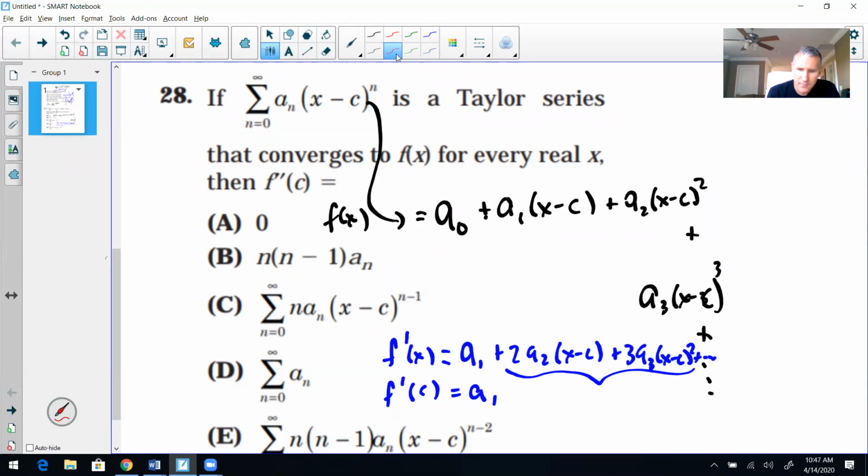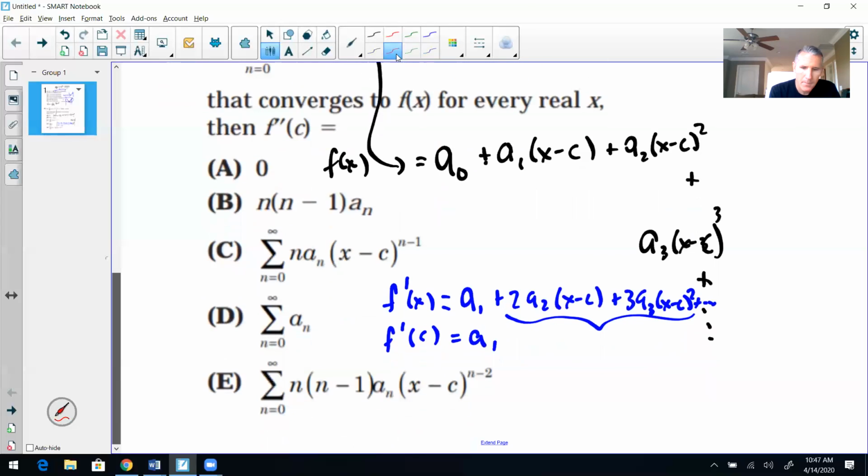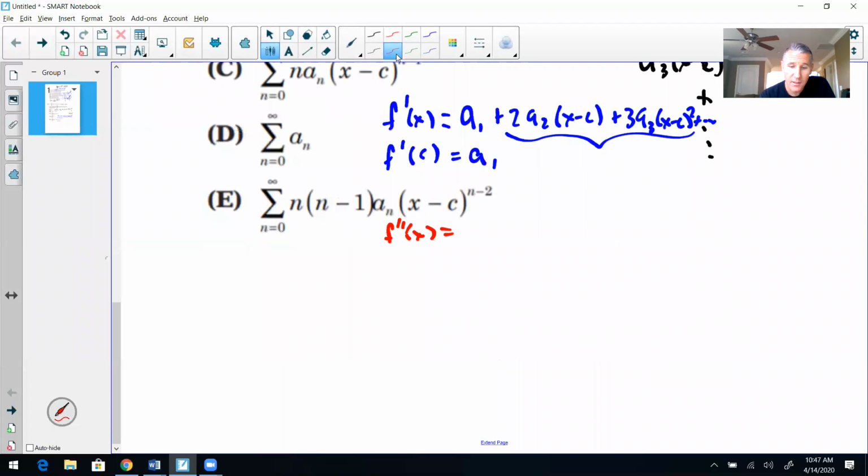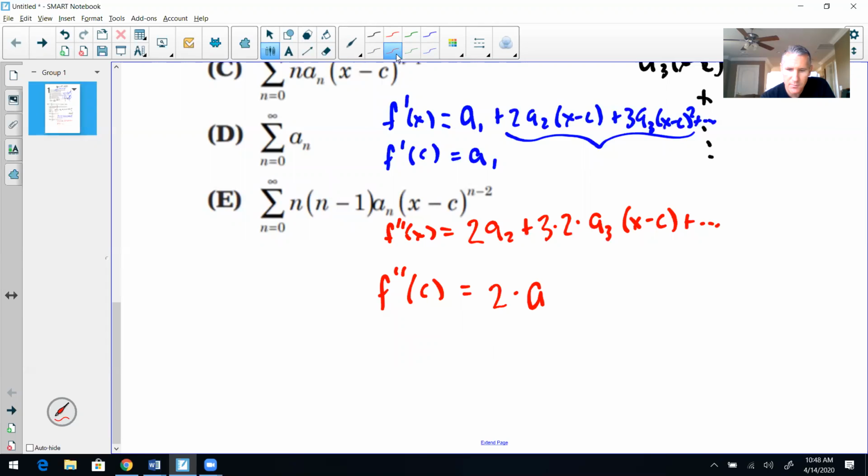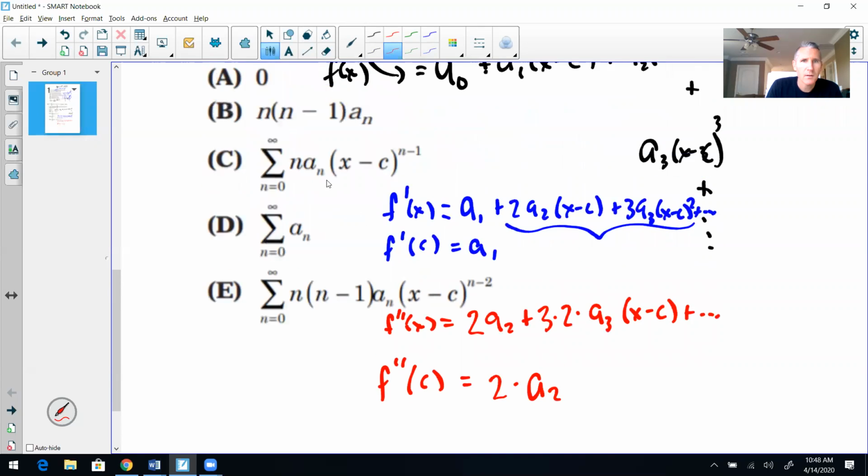And then we said f double prime of x is equal to 2 a sub 2 plus 3 times 2 times a sub 3 times x minus c plus dot dot dot. So f double prime of c is going to be equal to 2 times a sub 2, right?